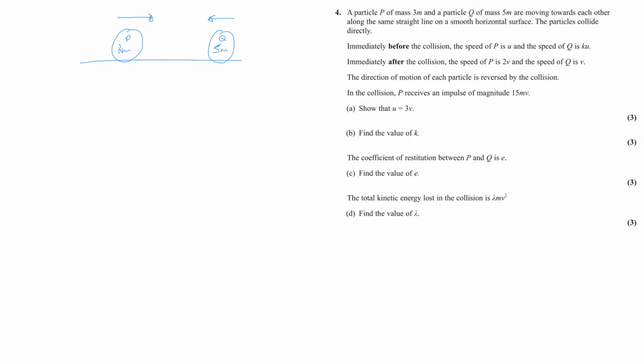So immediately before, this is U and this is KU. Immediately after is 2v and v. Okay, so immediately after is 2v and v.